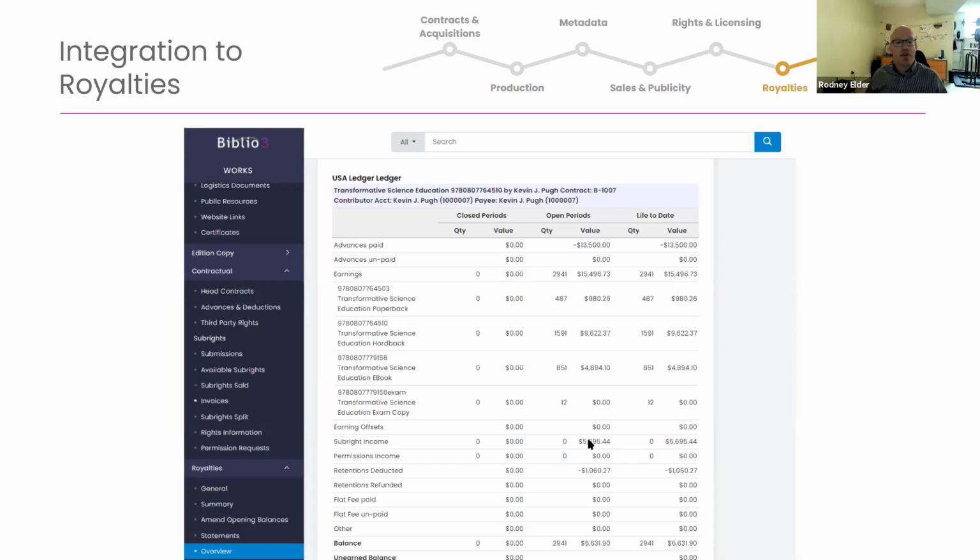So this subrights income has automatically gone through to the royalties area, and that started all the way back at the acquisition side of things. So by being able to break down the barriers of traditional modules, people are able to complete their roles and workflows within a single ecosystem.